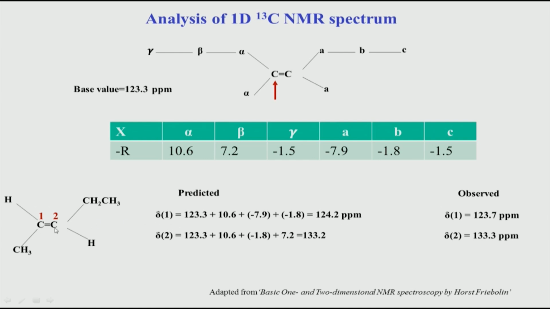Similarly, if you look at 2, again you have to look at this picture, and with respect to 2 these are different values. So, again you can use this table. With respect to 2 you will get 133.2, and you can see this again matches very nicely with the observed value. So, when you record a spectrum, the C double bond C region comes somewhere around 100 to 150.